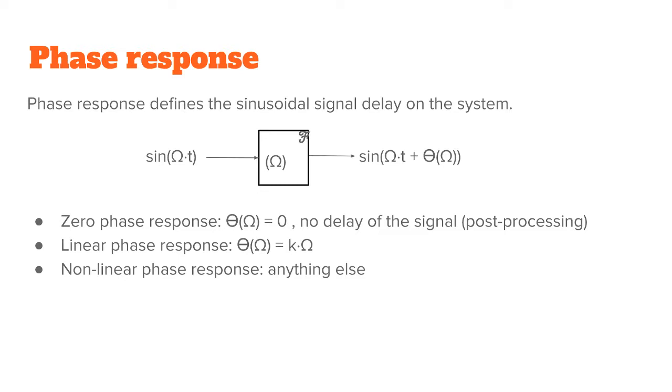Linear phase response, yes, k times omega. Okay, so we have k times omega, so basically we have omega times t plus k. This is a constant. So linear phase shift means constant time shift.